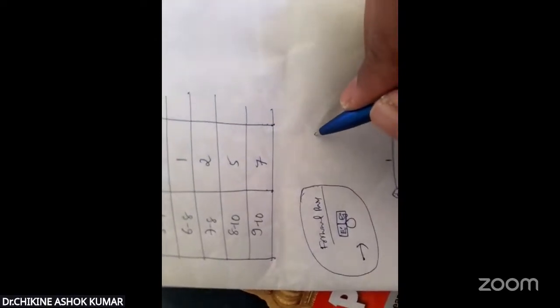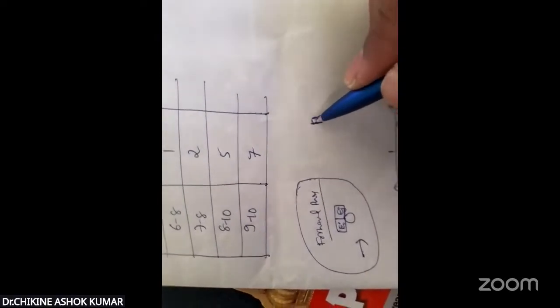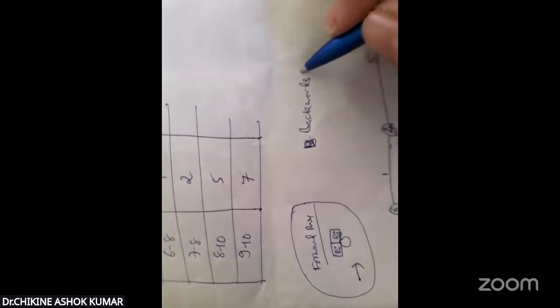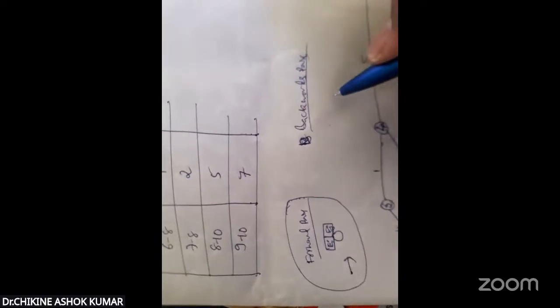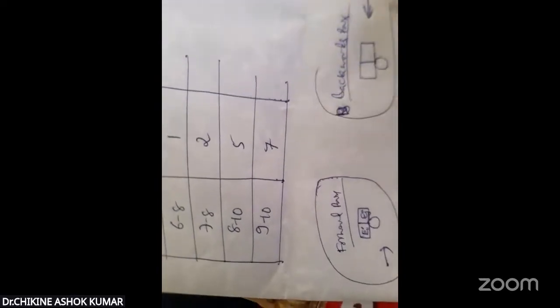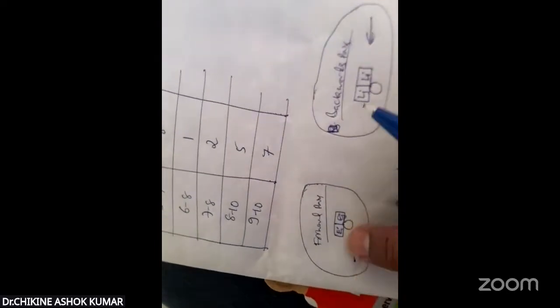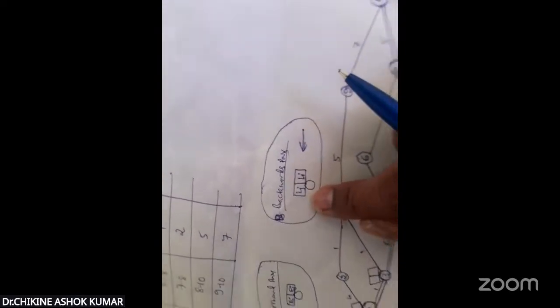If it is the backward pass, this is the circle and this is the node, and the direction is like this, the backward process. In this direction, this is the latest starting time, LI, and this is LJ, the latest finishing time. So we have to take the notations: forward process, earliest times; backward process, latest times.